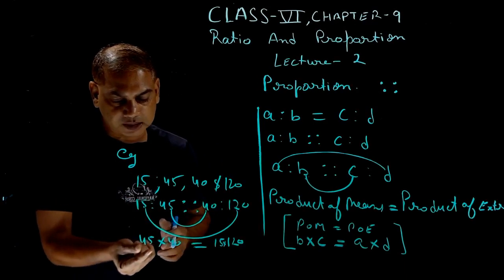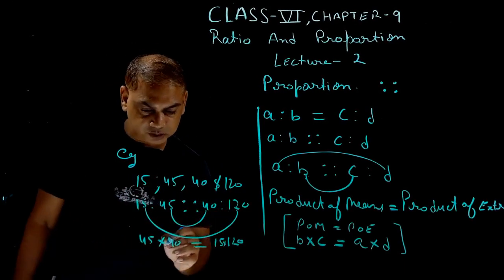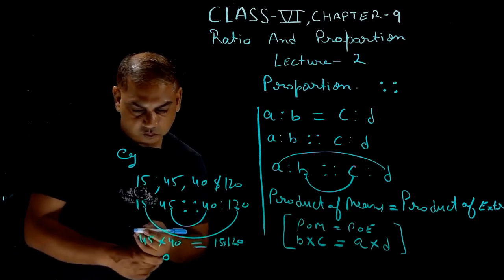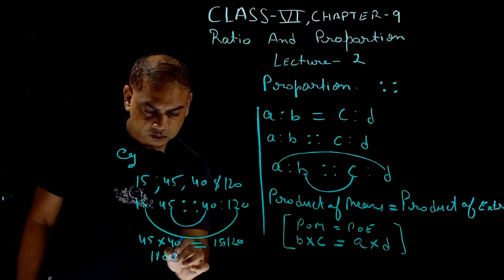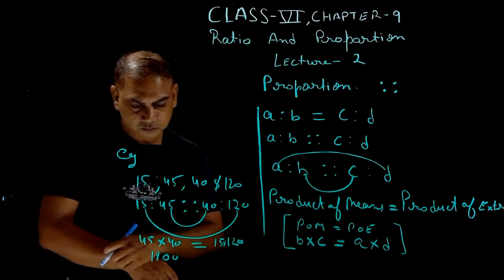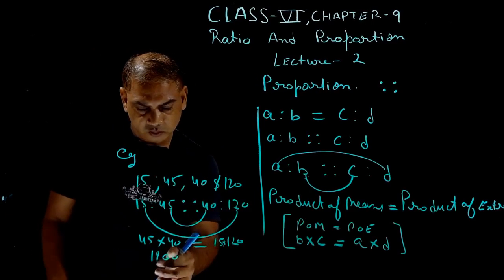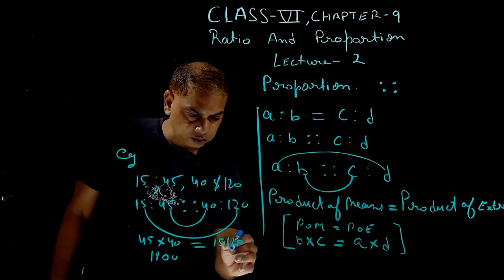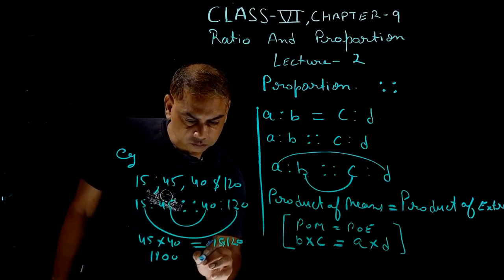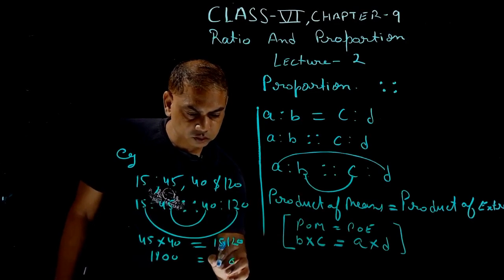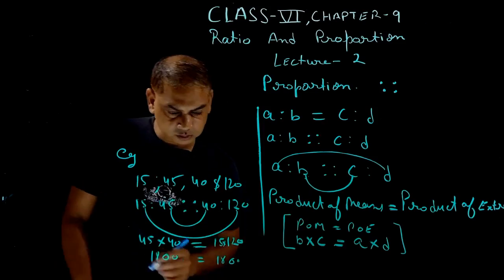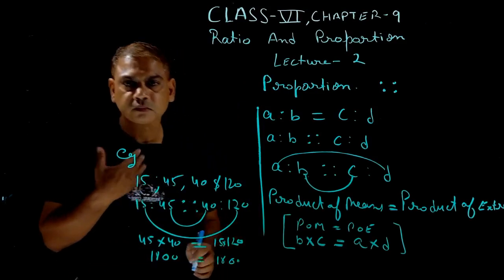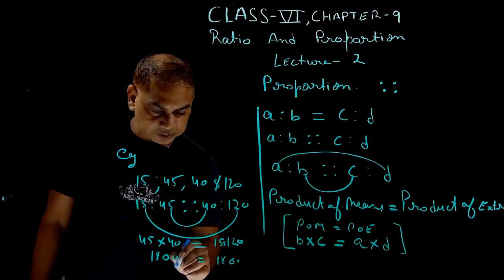So what will be the answer? 45 into 40 is how much? 1800 and 15 into 120 is 1800. Yes. Left hand side is equal to right hand side.